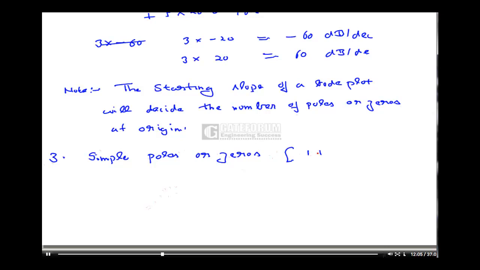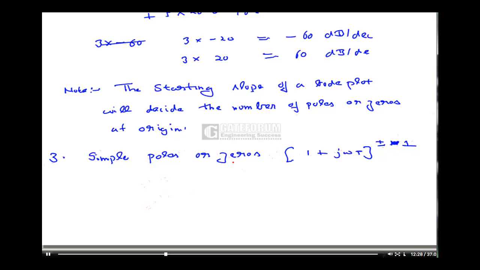Just like 1 plus j omega t to the power plus minus n, where n is the order of simple poles. Okay, I should write here, suppose a simple pole of order 1, then the n value is equal to 1. So 1 plus j omega t to the power plus minus 1. In this case, what will happen?